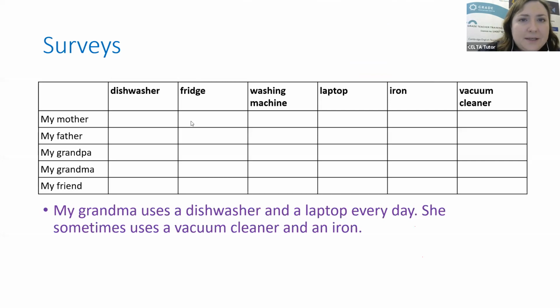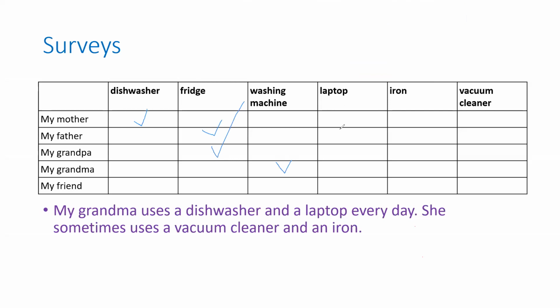What they do is they have to tick the boxes, like who is doing what, who is using what. So they tick as many as they think they need, and then they need to report. For example, my grandma uses a dishwasher and a laptop every day. She sometimes uses a vacuum cleaner and an iron.